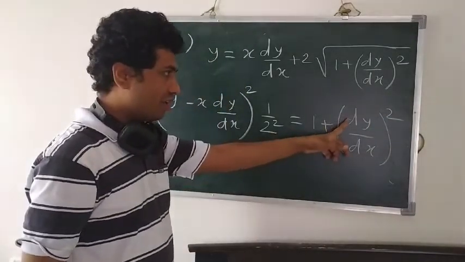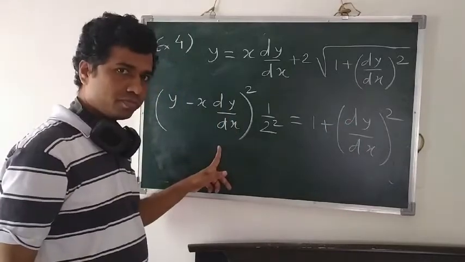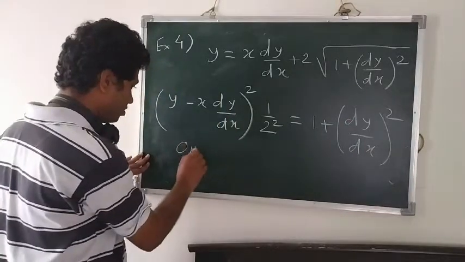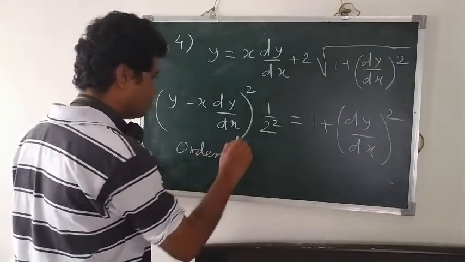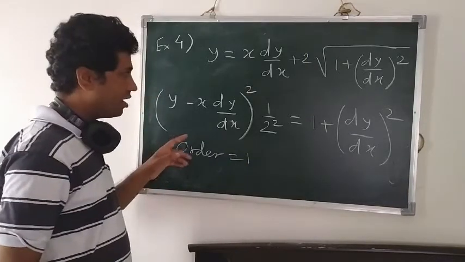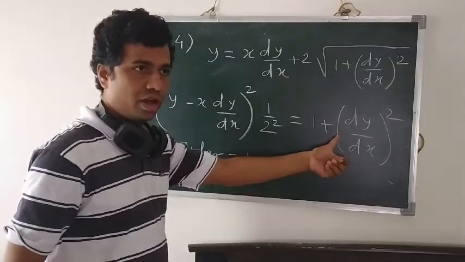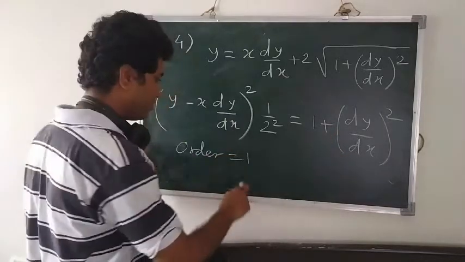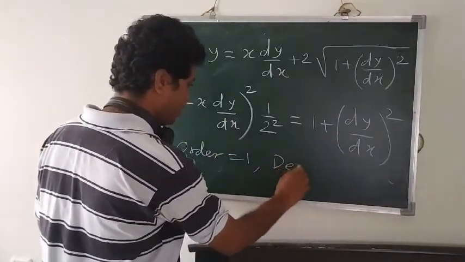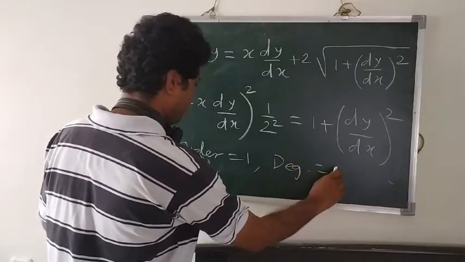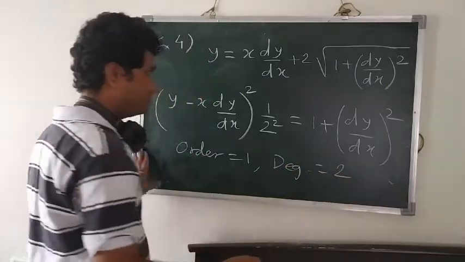Here highest order derivative is 1, so order is equal to 1 and power of dy by dx is 2. Highest power is 2 in this equation, so degree is equal to 2.